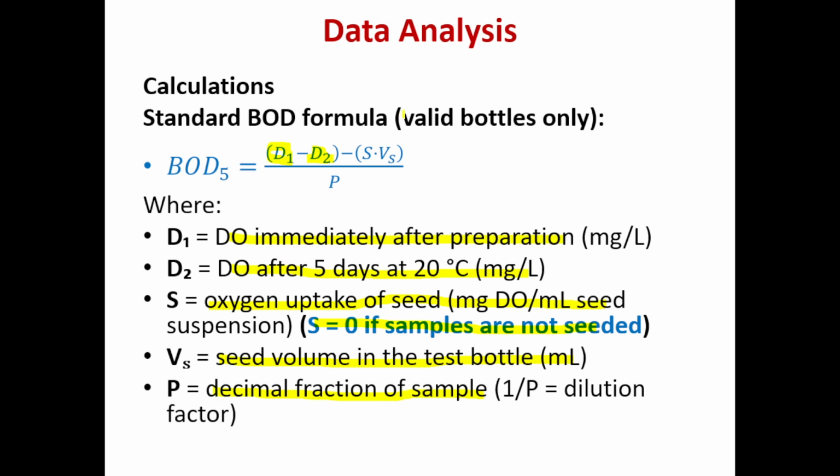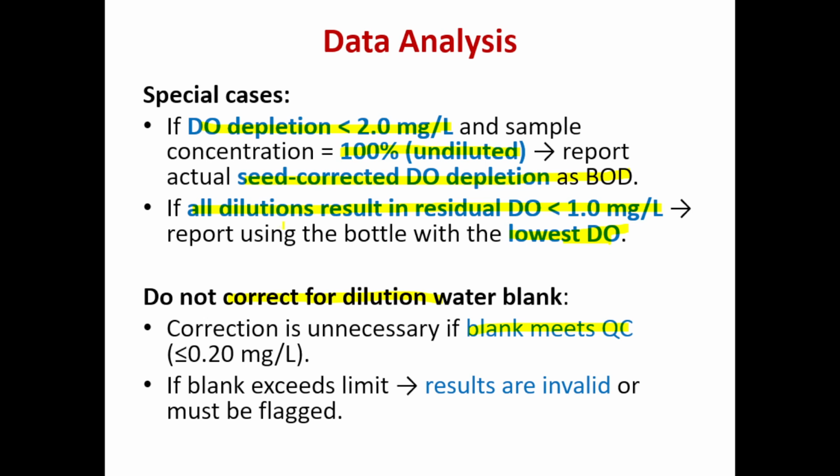For example, in this formula, this is a seed correction. But in the case of a blank, there is no need to use the correction formula. And if it exceeds the limit, that is, if the DO depletion in the blank is more than 0.20 mg per liter, then the results are invalid.